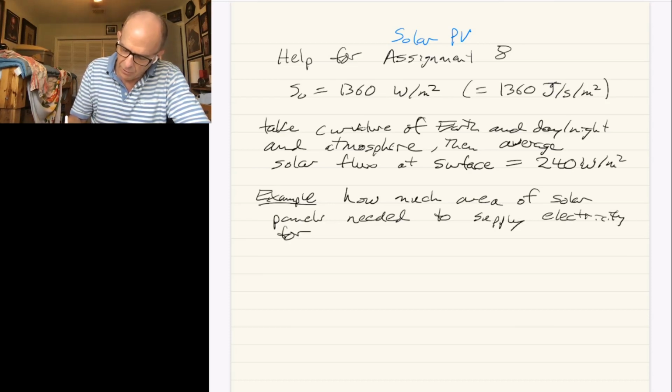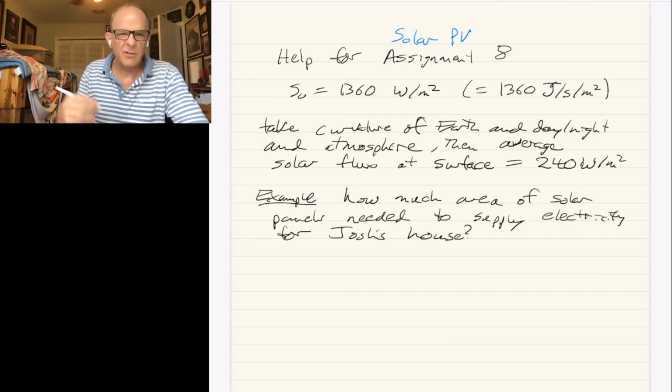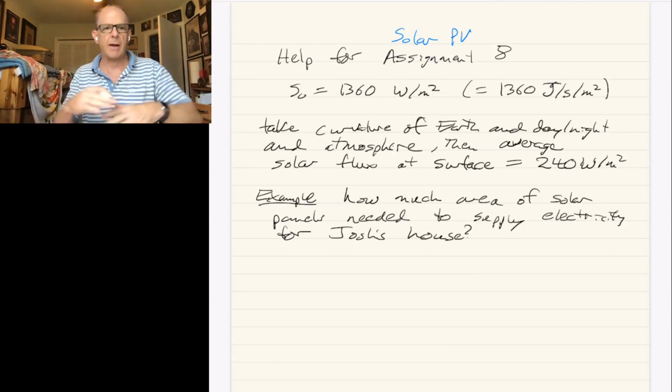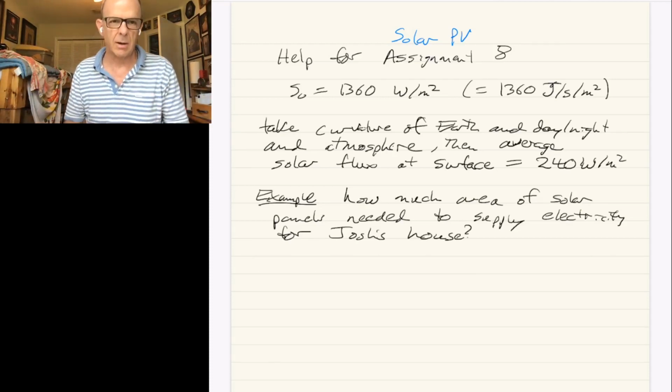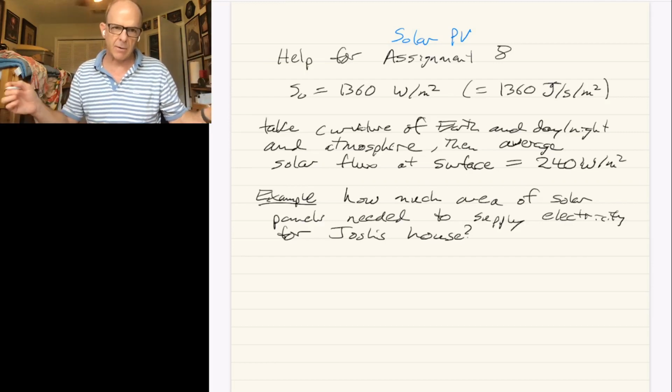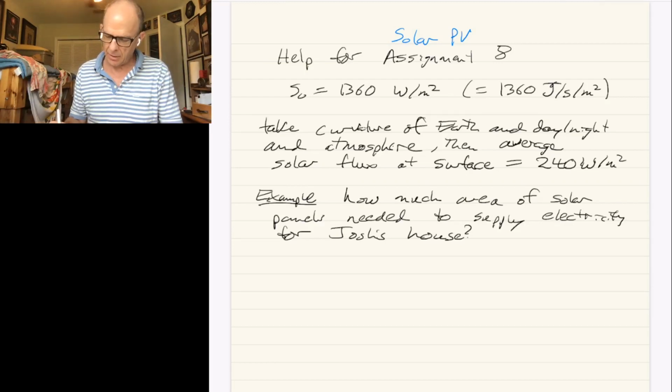And we're going to assume that I've got some storage capability or something like that. So I'm not going to worry. I'm going to average this out over the whole year, and I'm not going to worry about whether or not I've got batteries or something like that to take care of things.